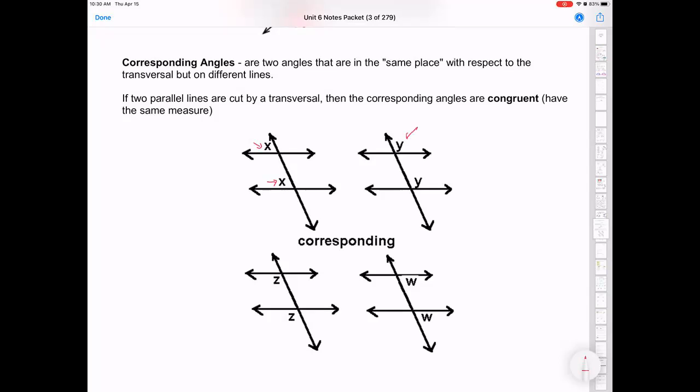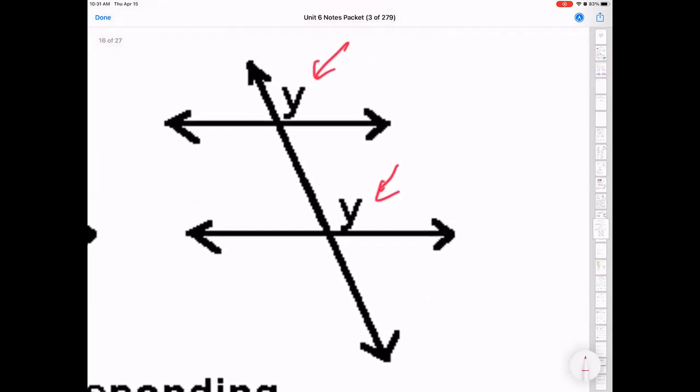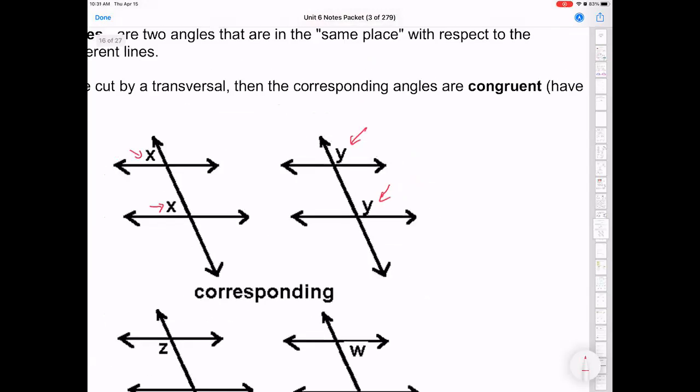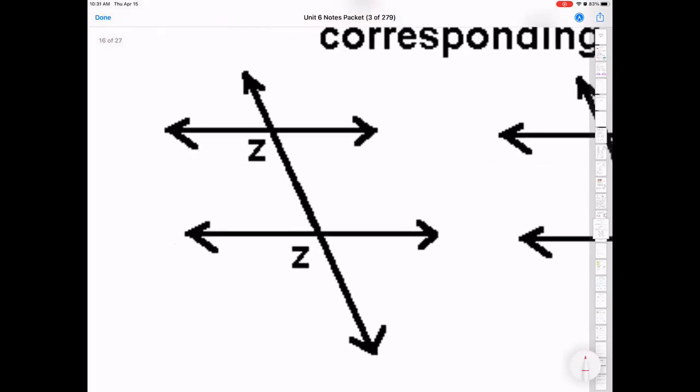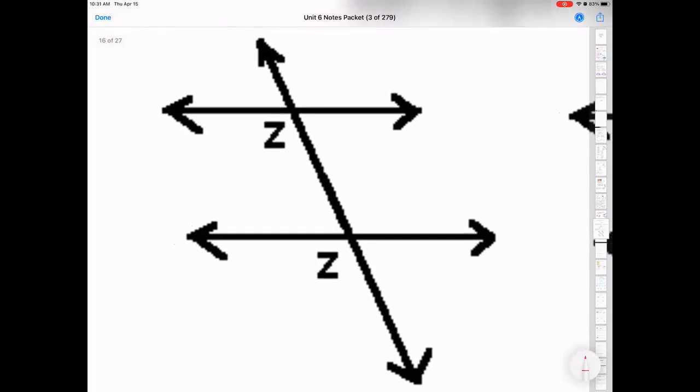They could be on this side and this side. Notice one's on the inside of the parallel lines though, and one is on the outside of the parallel lines, but they fit that same position. Again, just another example, same position, same angle measure.